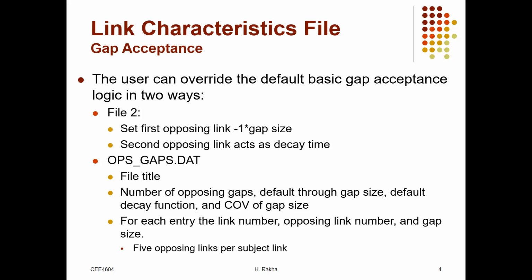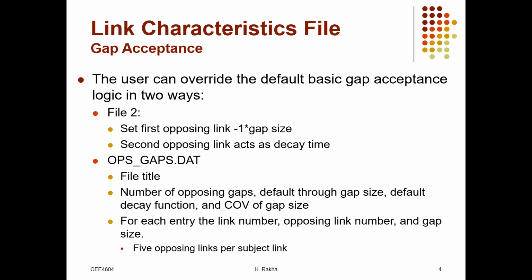So you give it the coefficient of variation, and basically it will create either a log normal or a normal distribution of these drivers. So I could be aggressive and I would take smaller gaps for the same conditions that, for example, Kabul would be encountering.